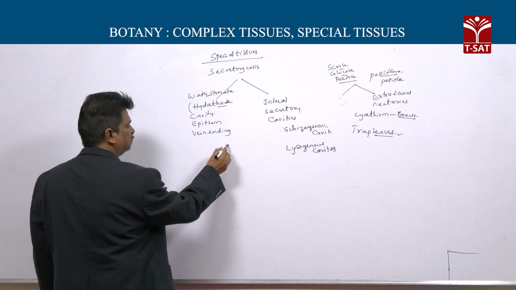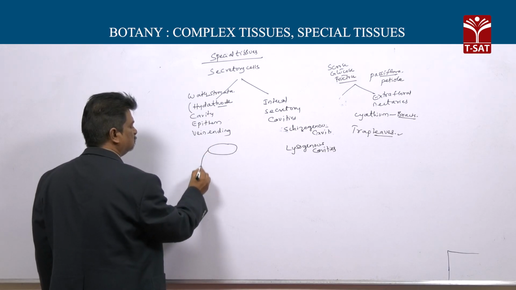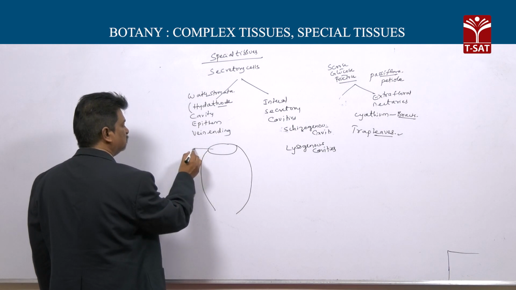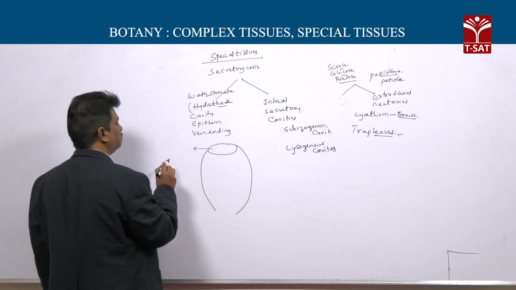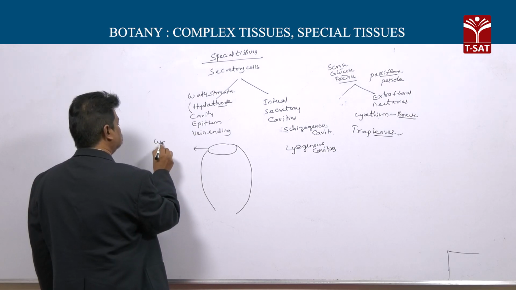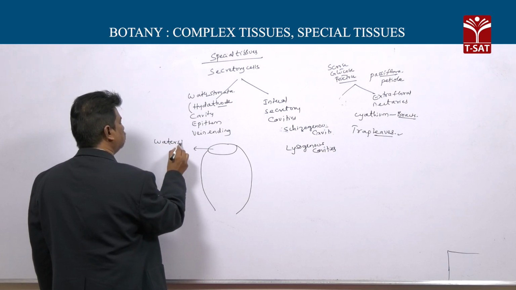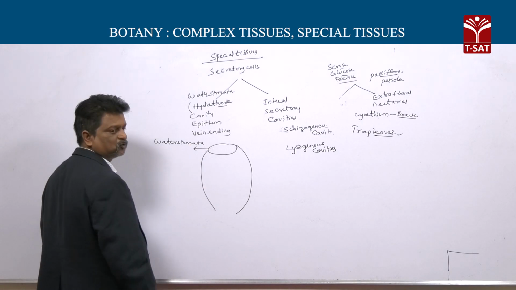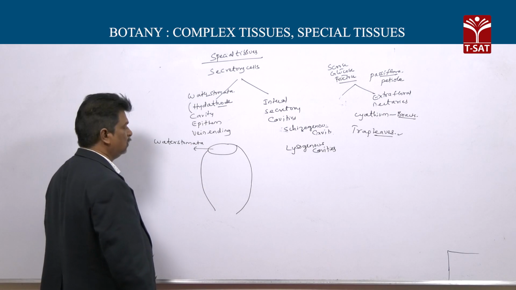Actually, leaf tip or leaf margin contains large size pore. This large size pore is called water stoma or stomata.